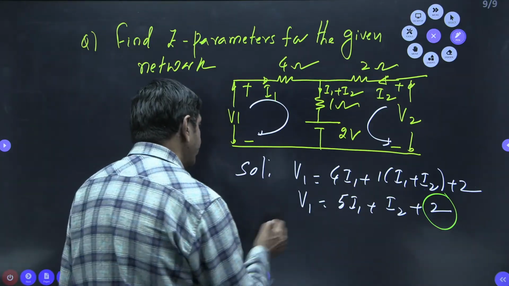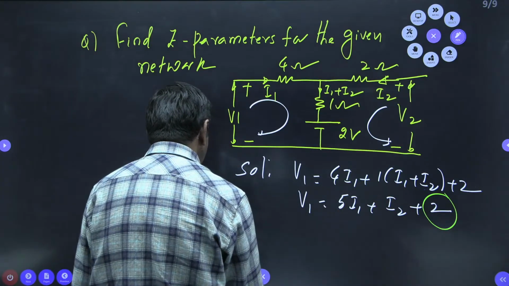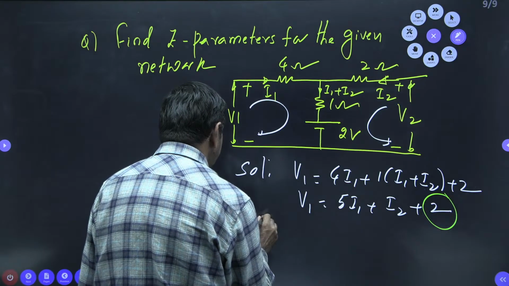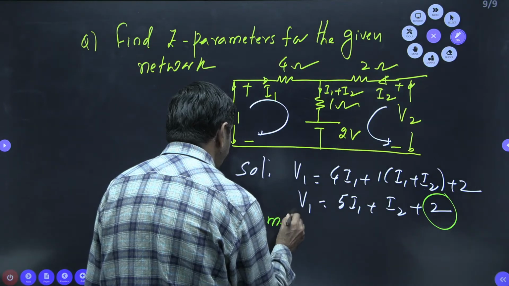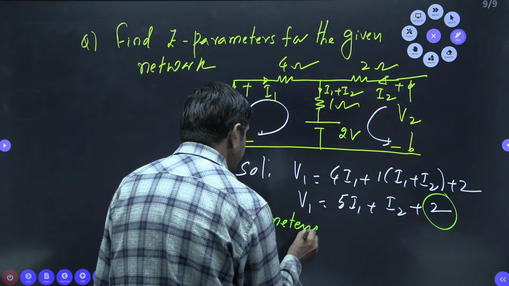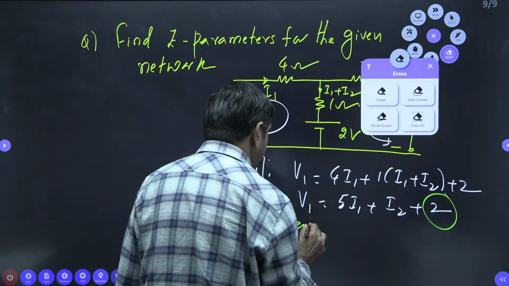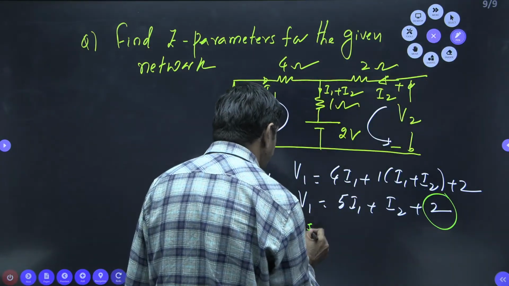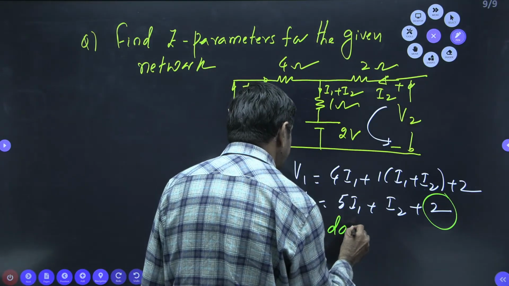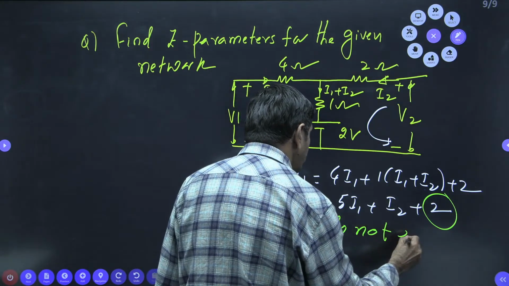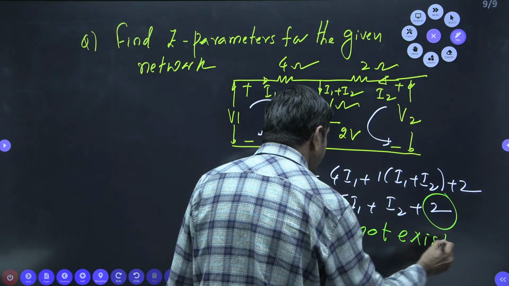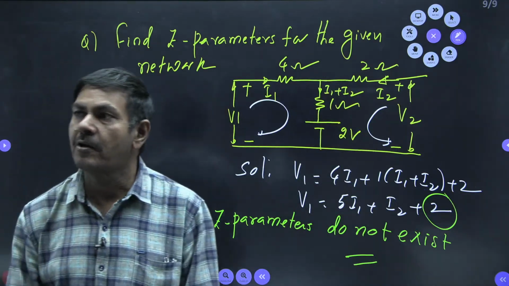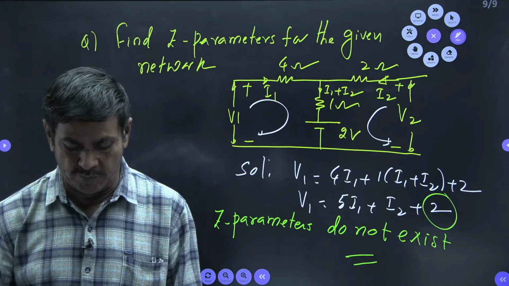Because of this constant, we can write that Z parameters do not exist. They do not exist because of this constant; we are not able to get the Z parameters from this network.